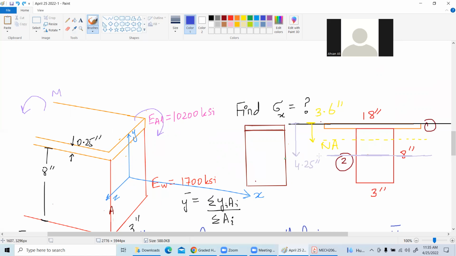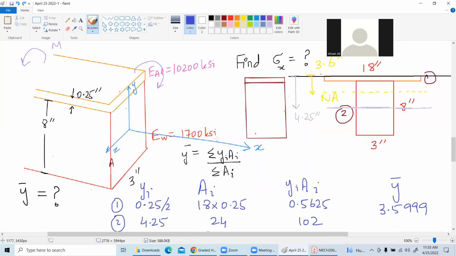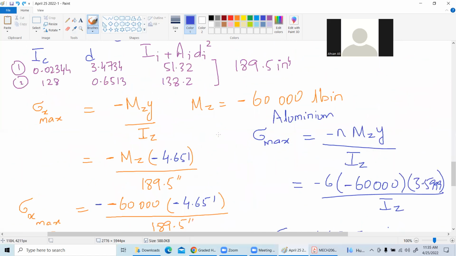So you have to put 6 times more than the heavier material. So when I am saying that I have to find the sigma max on the top surface, you have to stop me and say, multiply it with the 6, because right now you have wood all over the place. So that's why it's in that whole chunk. So I multiply it with a 6.